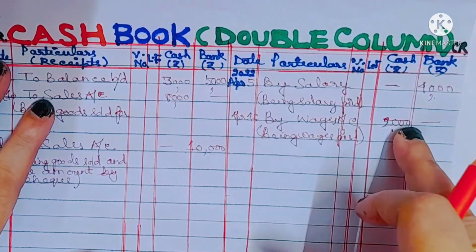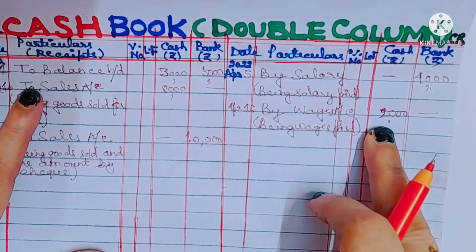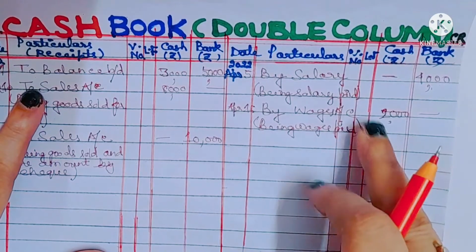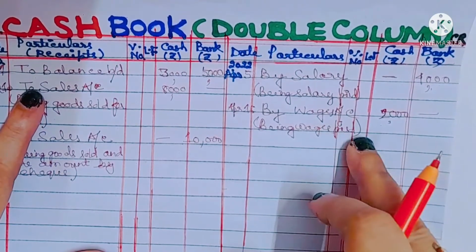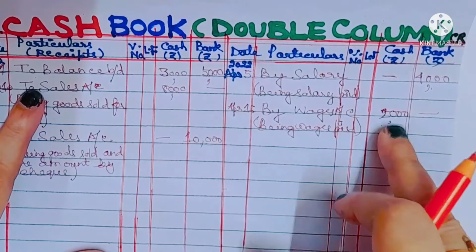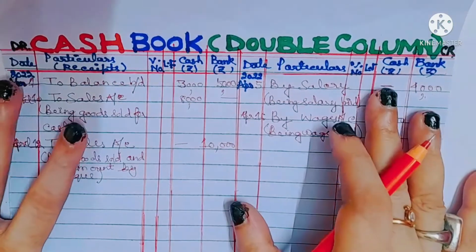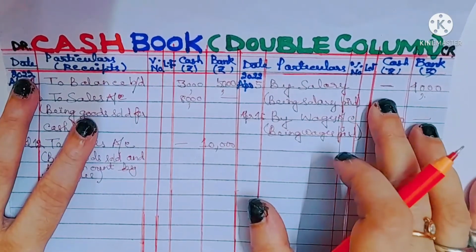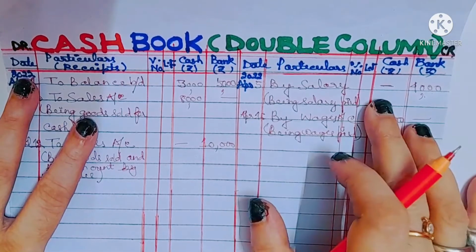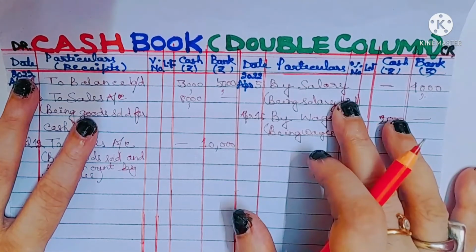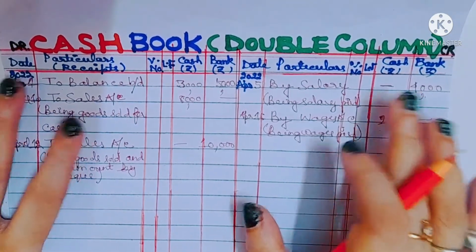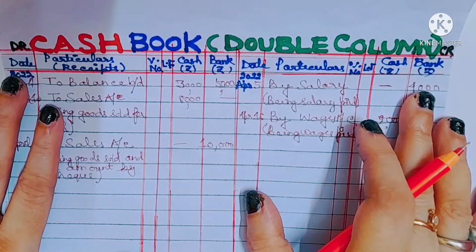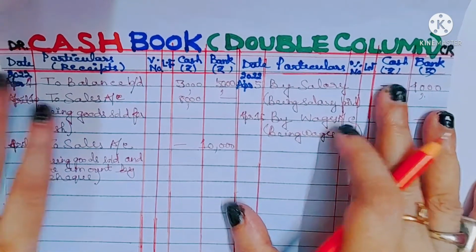According to real account, what goes out is credit. So here, when wages is paid, cash goes out from the business. So 2000 will be credited. Understood? See, the golden rules of accounting is applicable here also. Starting from journal, ledger, trial balance, and now in cash book. Okay? So let's see the next transaction.